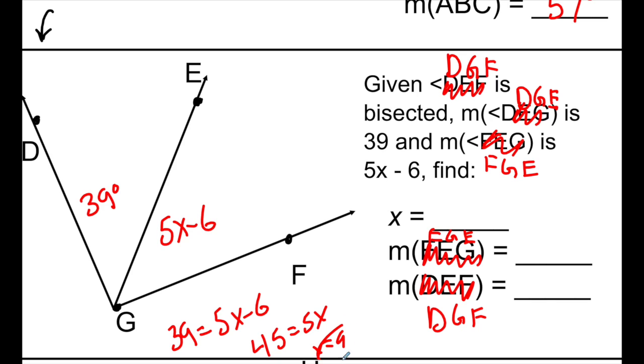So x is equal to 9. Okay. Well, I know FGE without having to plug it in. That's 39 degrees. And adding them together, because each one of these is the same, that gives me a total of 78 degrees. Okay. So this one, again, hopefully relatively straightforward. Please make sure you understood how I do this, and then in a moment I'll move on.